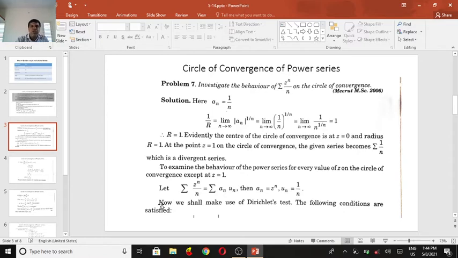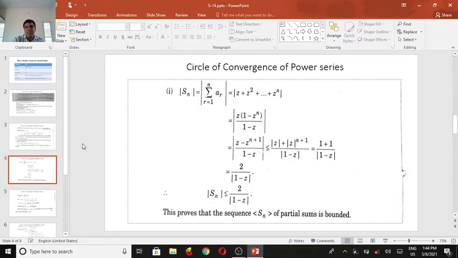So we shall make use of the Dirichlet test, if the following conditions are satisfied. So if we apply the Dirichlet condition here, what does it say?